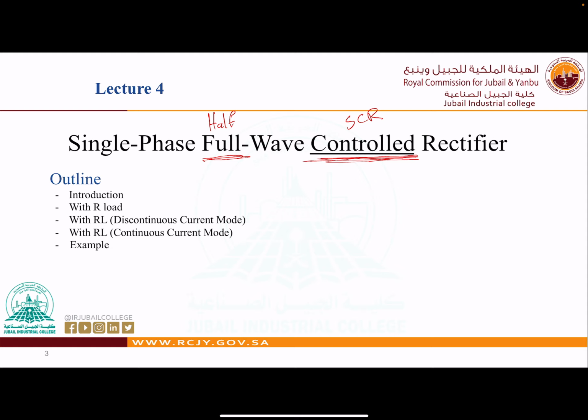Today inshallah we will go through a small introduction, and then we will analyze the circuit with the resistive load only. Then we will analyze the circuit with RL load, inductive load.